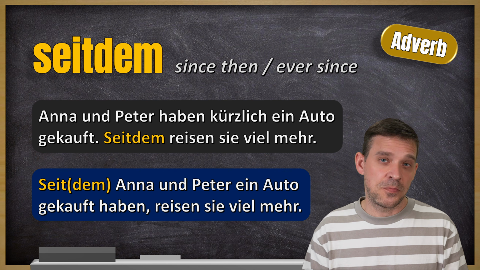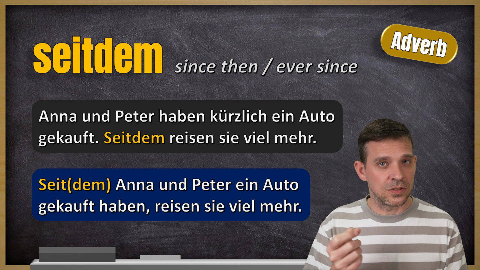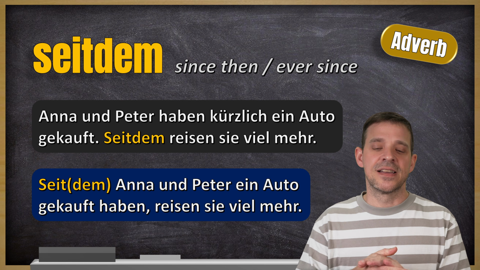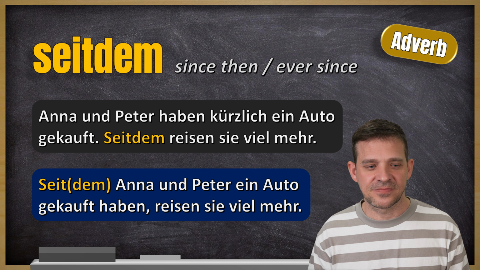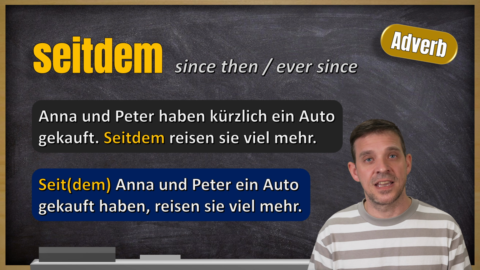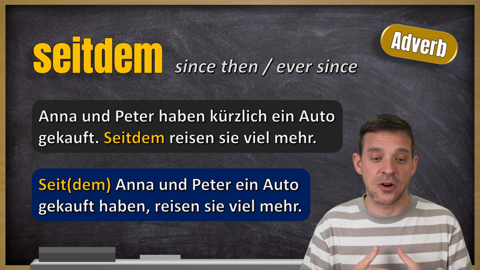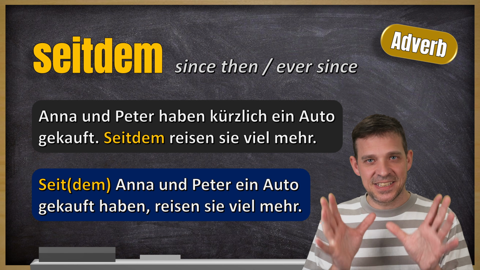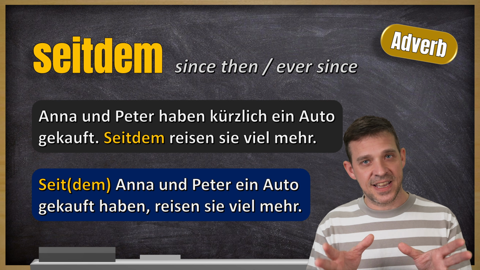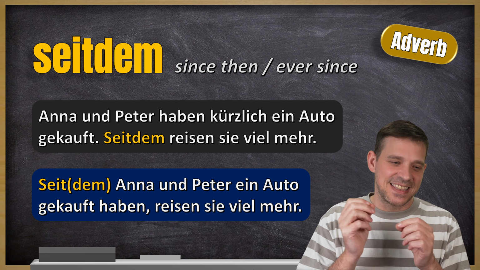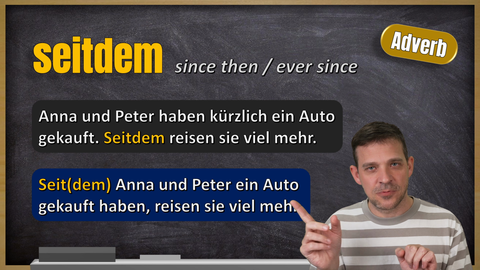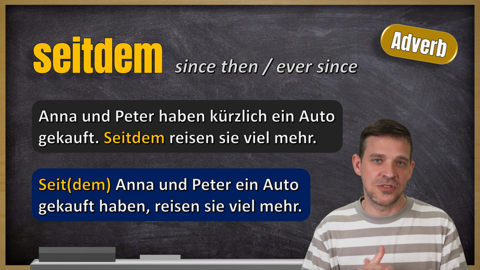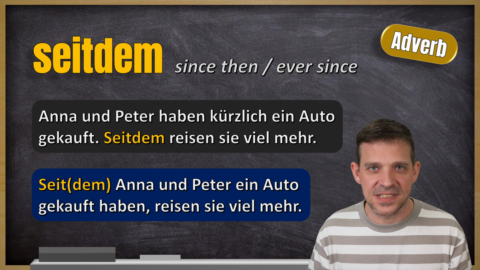So it would become like this: Seitdem oder seit Anna und Peter ein Auto gekauft haben, reisen sie viel mehr. The information is exactly the same, and in English it's also almost exactly the same. It's just that in German, these are not the same things. In the first one, seitdem is an adverb. In the second one, it's a conjunction introducing a Nebensatz.